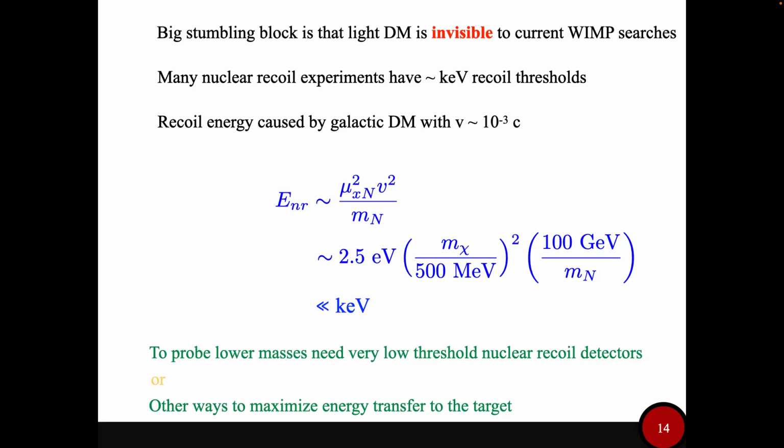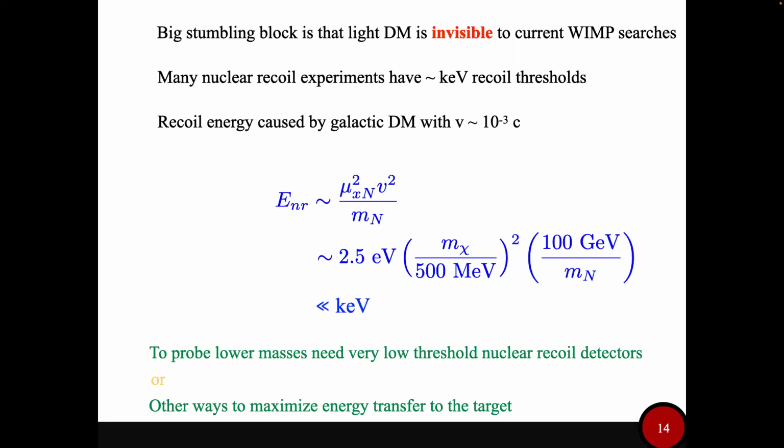And essentially, I can calculate the recoil energy that is caused by galactic dark matter. So this is dark matter that is non-relativistic, that forms part of our halo. It's moving at about 10 to the minus 3 times the speed of light, or roughly 220 kilometers per second. I can calculate the nuclear recoil energy as just the reduced mass times the velocity of the dark matter squared over the mass of the nucleus.